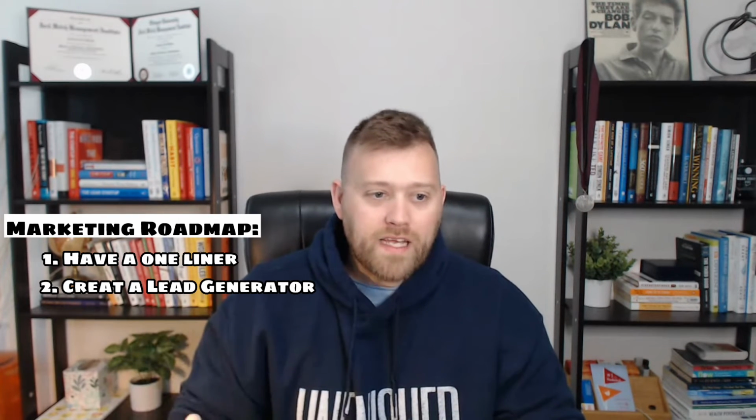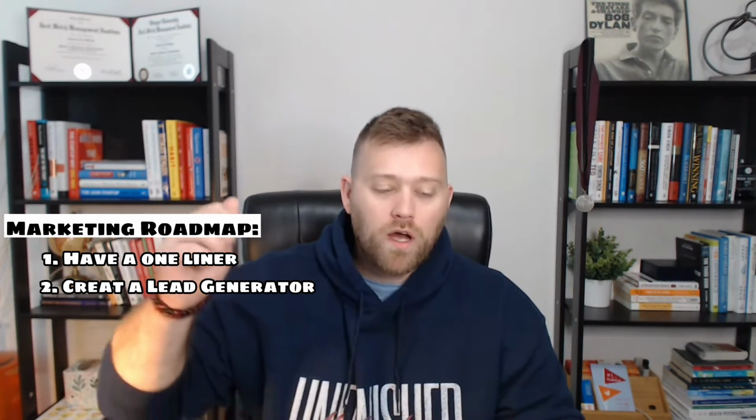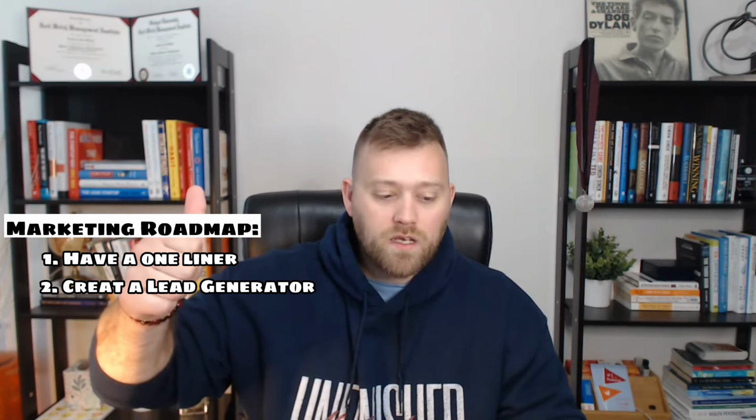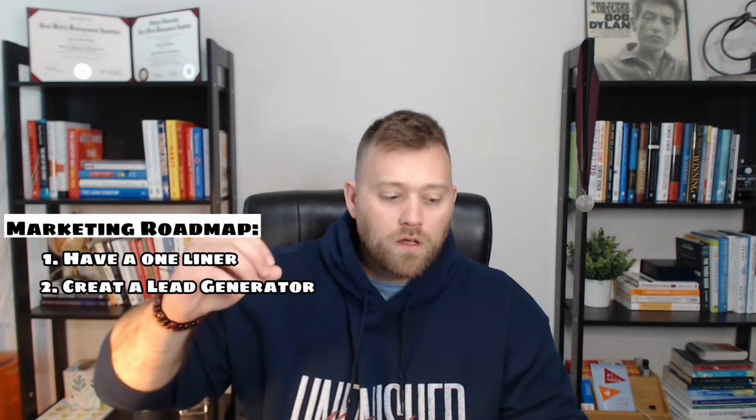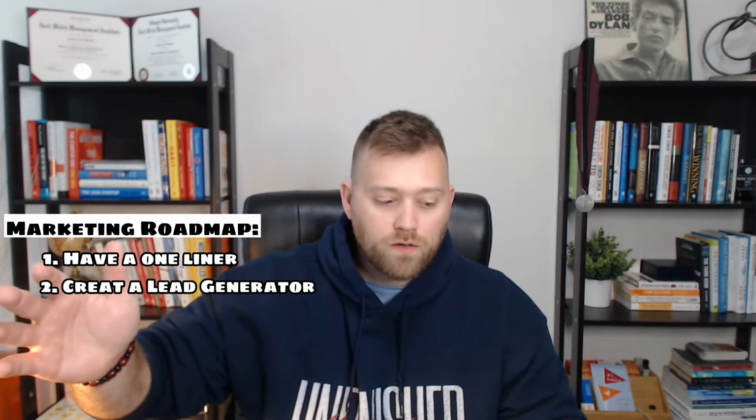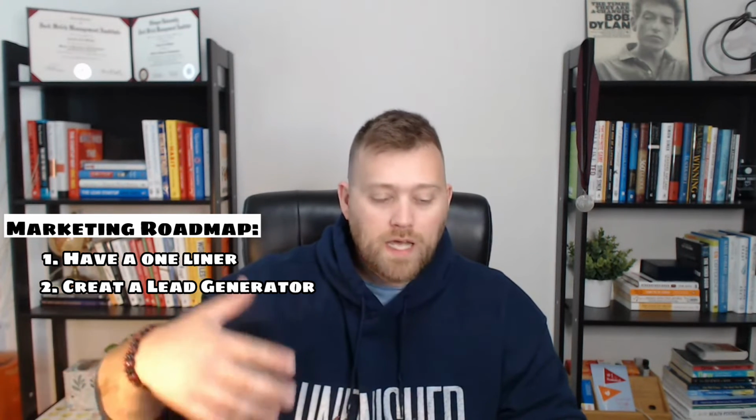So just to recap, you want to have a one-liner, keep it as simple as possible, put it on your website, put it on your landing page, leverage that to help people understand right off the bat what you do as a company. Create a lead generator. Some of those that we talked about: a downloadable guide, which could be an easy PDF you can create in Canva, an online course or a webinar, software demos or free trials, free samples, and then live events.